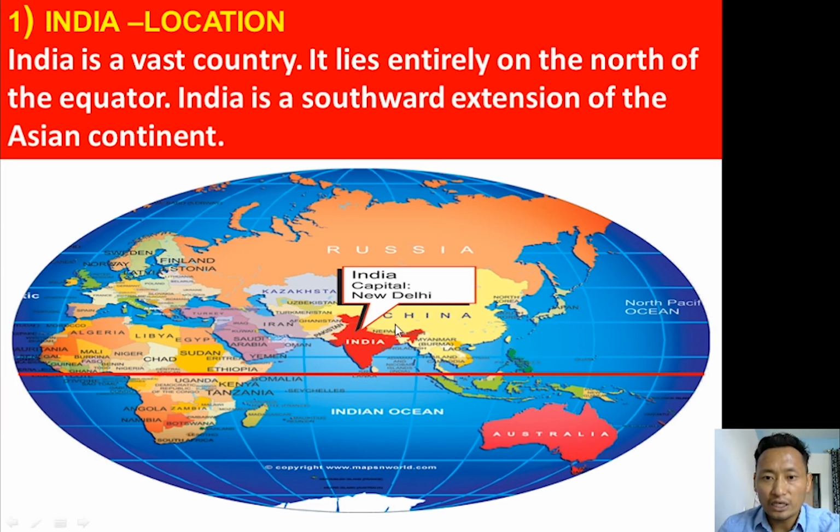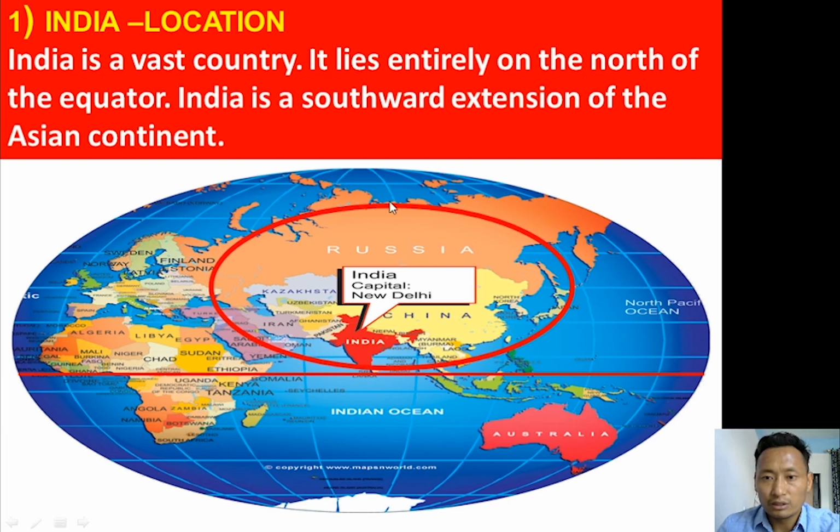That means India lies at the north of the equator, in the northern hemisphere. And in terms of the Asian continent, India is the southward extension of the Asian continent.